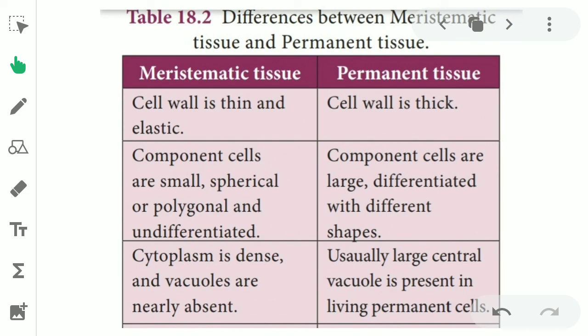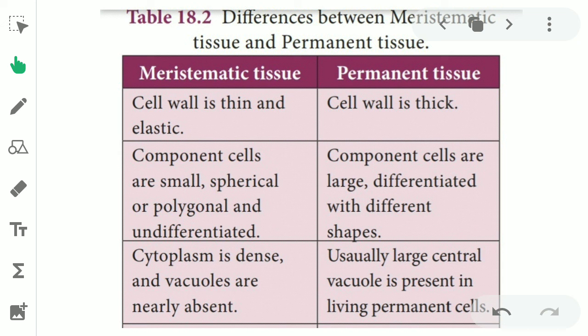Difference between meristematic tissue and permanent tissue. Tissues are divided into two types: one is meristematic tissue, another one is permanent tissue. Meristematic tissue, based on function, is divided into three types: apical meristem, intercalary meristem, lateral meristem.